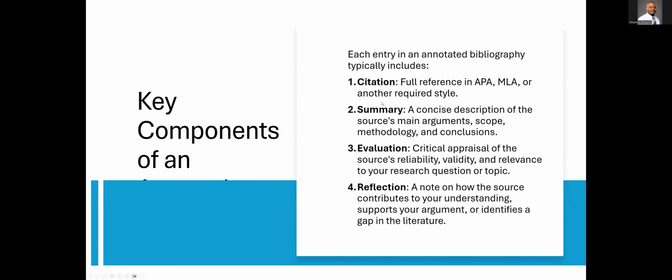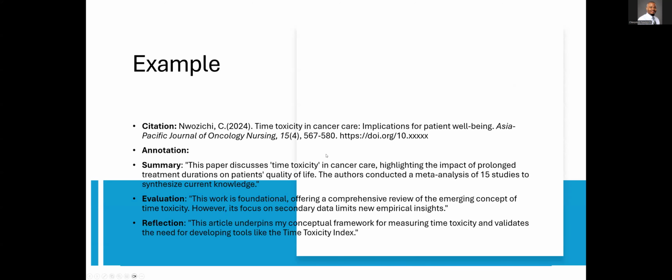It will also include a summary, which is the main annotation. Then we include an evaluation, which is a critical appraisal of the source's reliability, validity, and also relevance to your own research. And then your own personal reflection of how the literature contributes to your understanding or how it supports your own argument within the problem that you've identified.